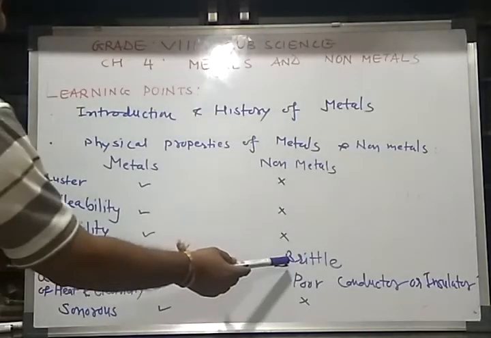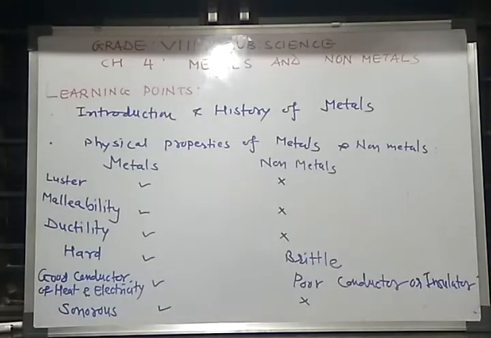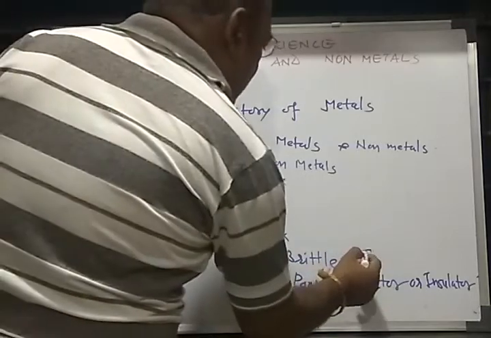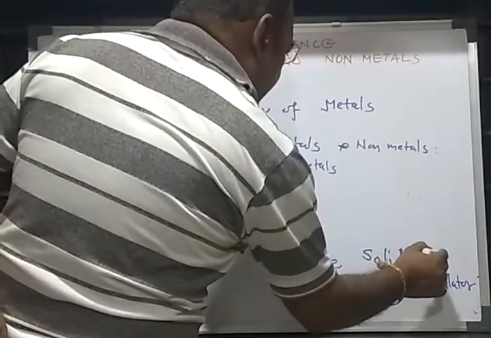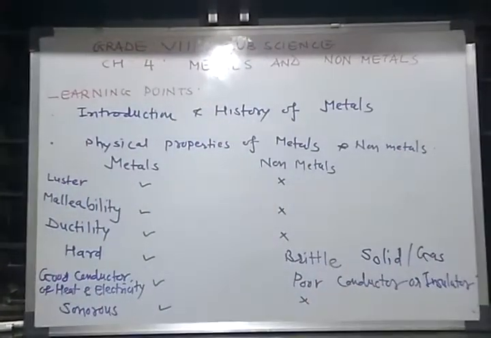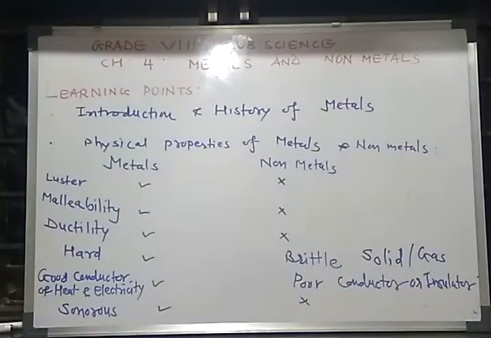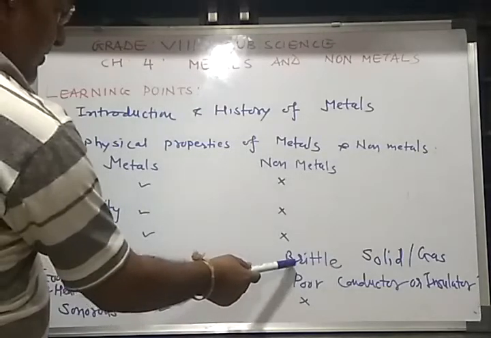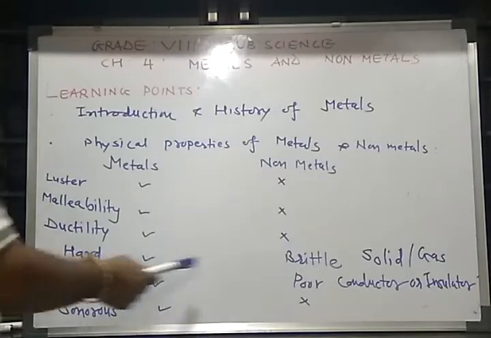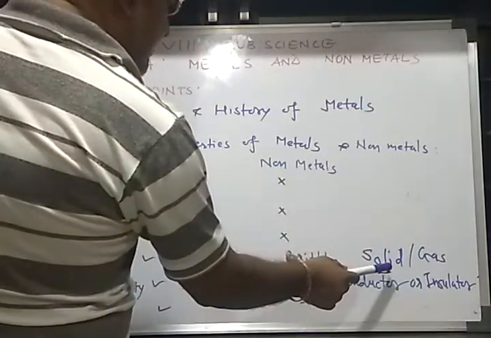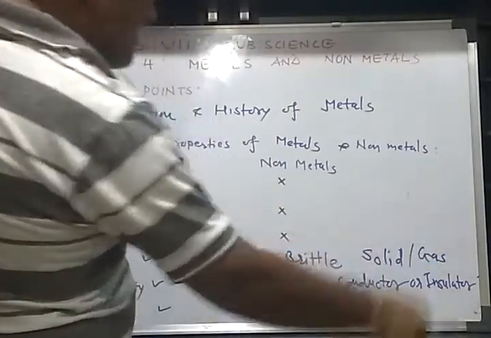In the case of non-metals, generally you can find them in solid and gaseous form. They break into powder form, so they are brittle. They are not hard. Metals are hard, non-metals are brittle.